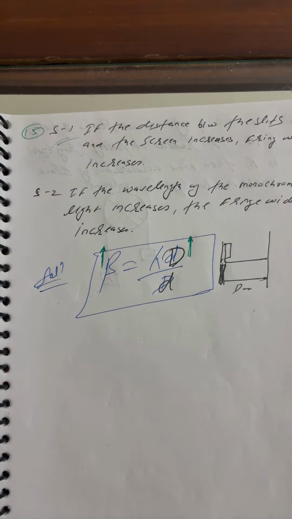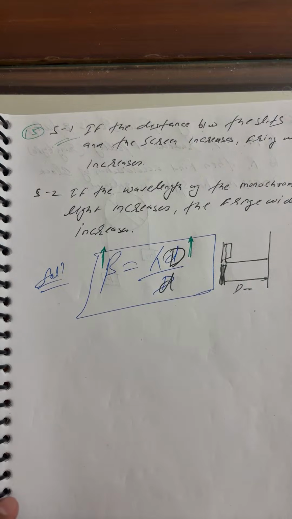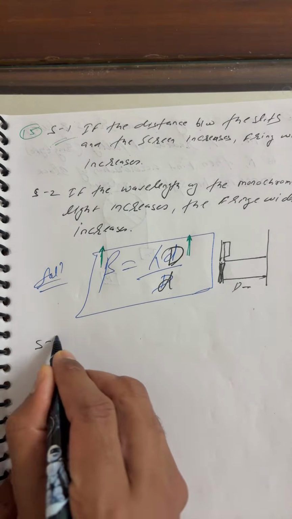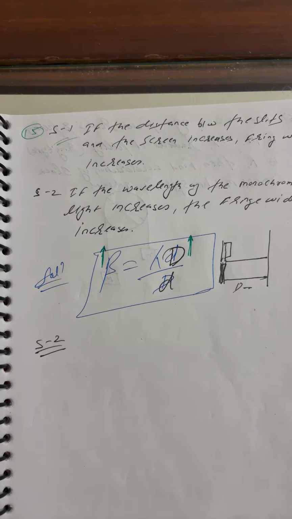Now have a look at the next one, statement two. If the wavelength of monochromatic light increases, the fringe width increases. Okay, fine. What's in the question? Wavelength of light.